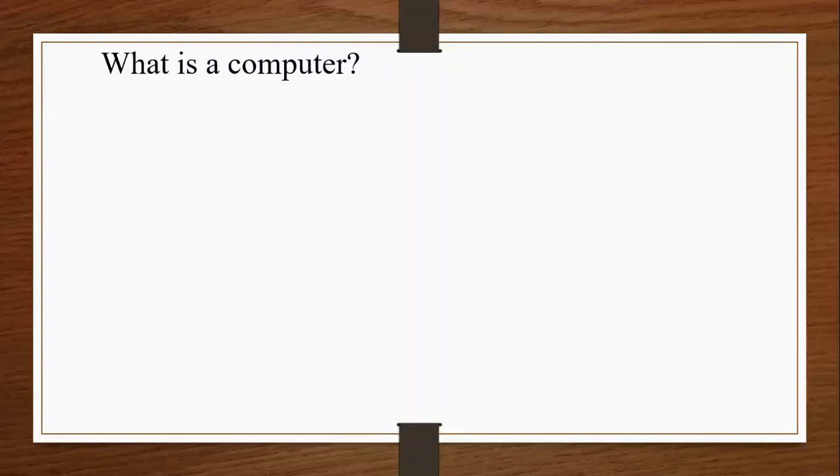What is a computer? From class 1, we are learning one definition, that computer is an electronic machine. We are going to add a little bit more to this, but before that, we must know from where the word computer came.